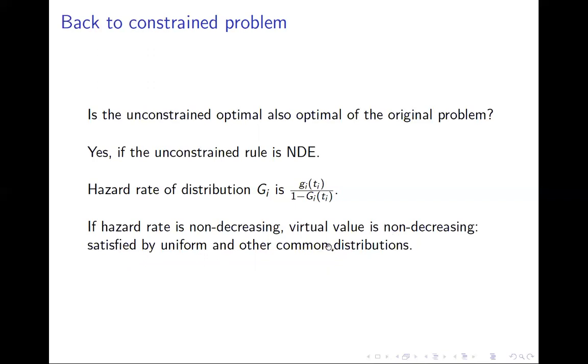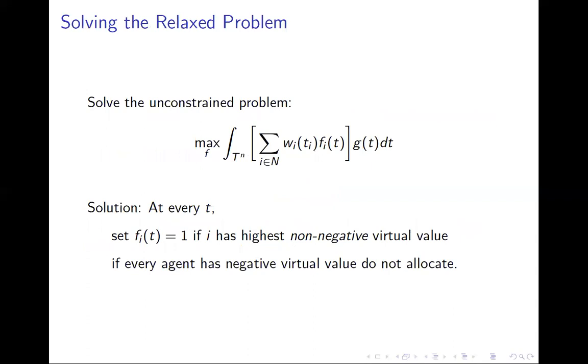You can verify that the virtual value function is non-decreasing if the distribution is uniform and other kinds of distributions. So this hazard rate monotonicity is satisfied by a broad class of distributions, and under that we are going to argue that the optimal of this will automatically satisfy F being non-decreasing.